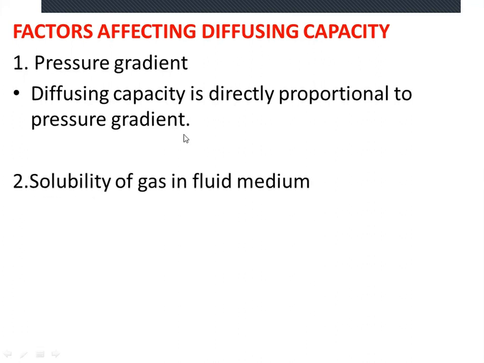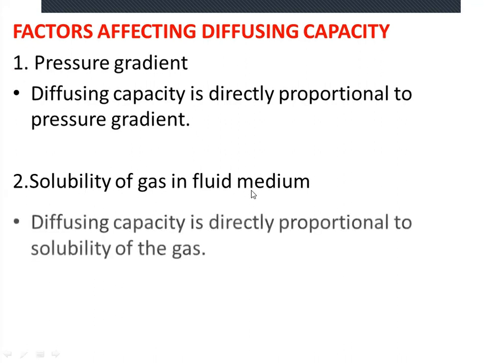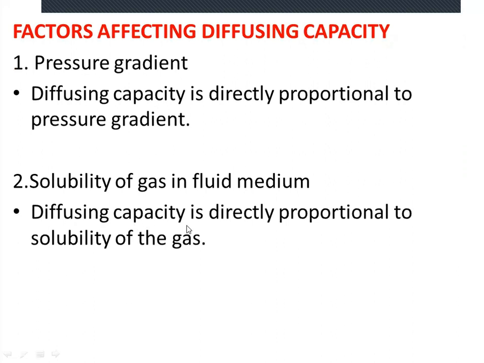Then the second one is the solubility of the gas in the fluid medium. The diffusing capacity is directly proportional to the solubility of the gas, right? That means increased solubility increases the diffusing capacity.